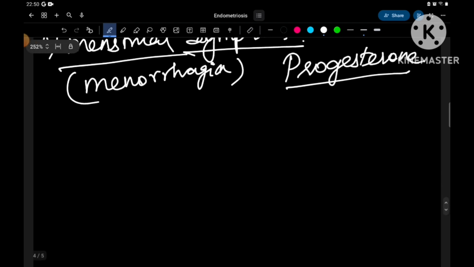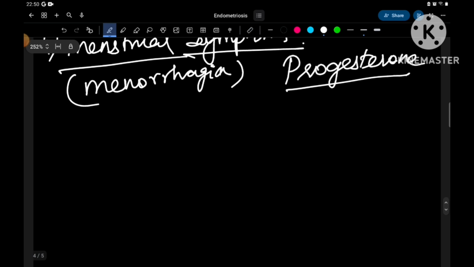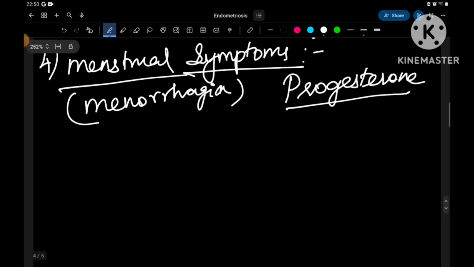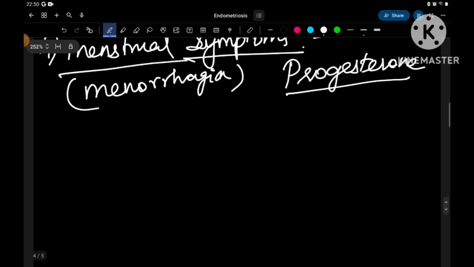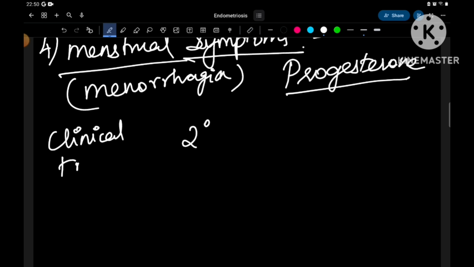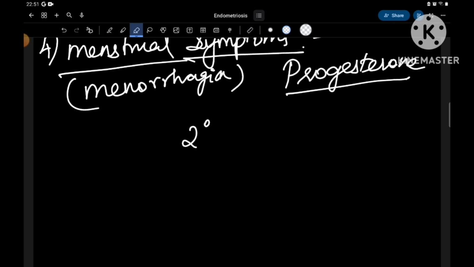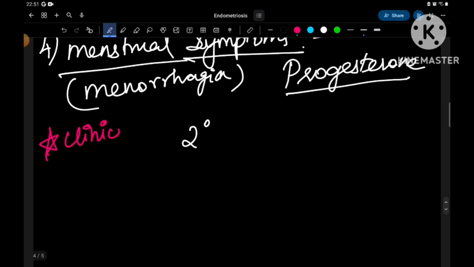So there is one triad which we can just remember. We know already there are 4 symptoms, right? One common triad which is said is the clinical triad. It is a clinical triad, guys. Clinical, that's important, that's why I'm writing.